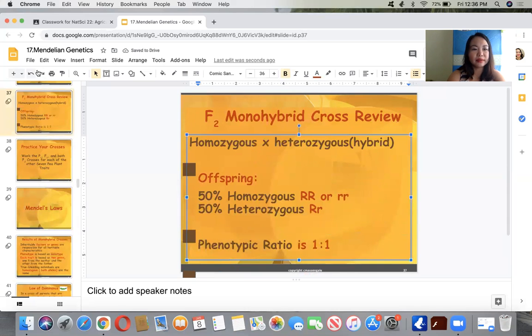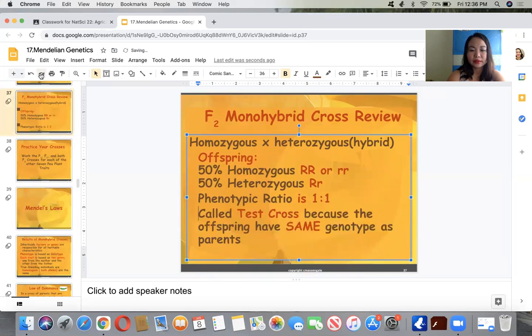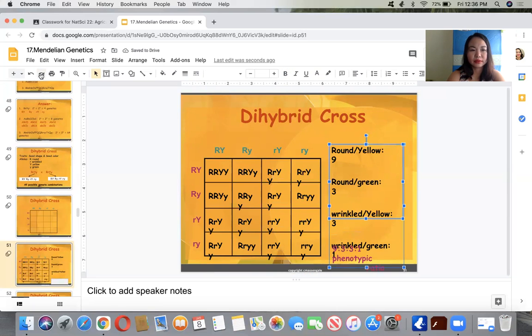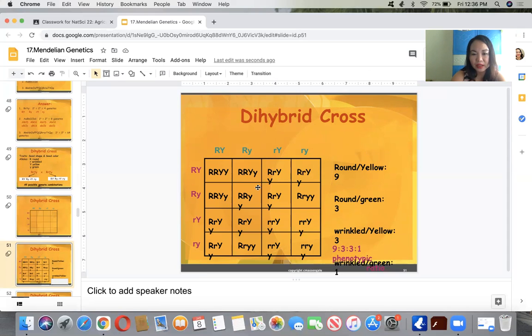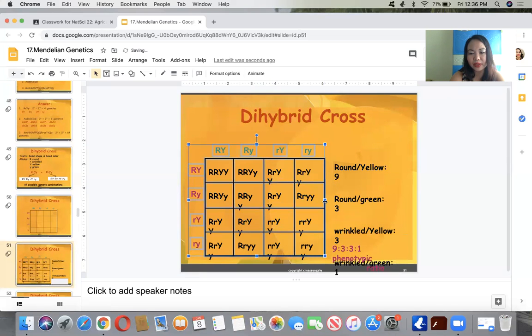So again, this is the combination of the dihybrid cross.